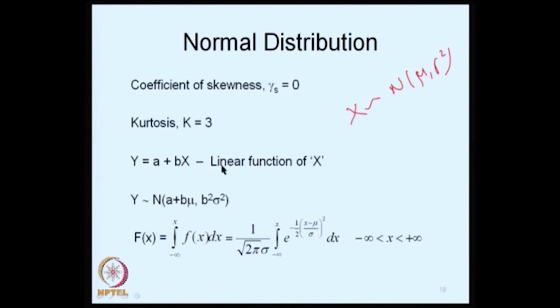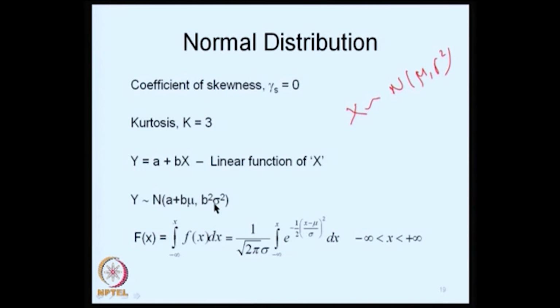So, we use this important result, that if we define a linear function on random variable x, then we know that y also follows a normal distribution with parameters specified like this.